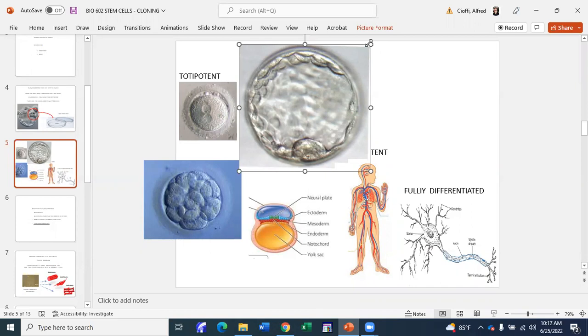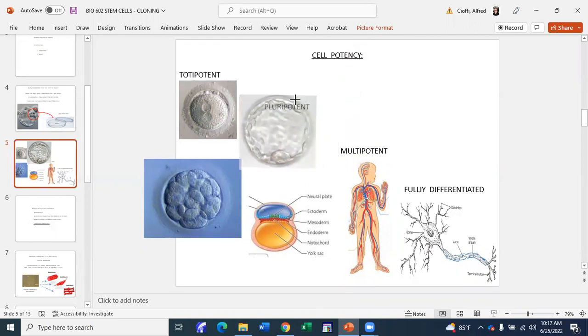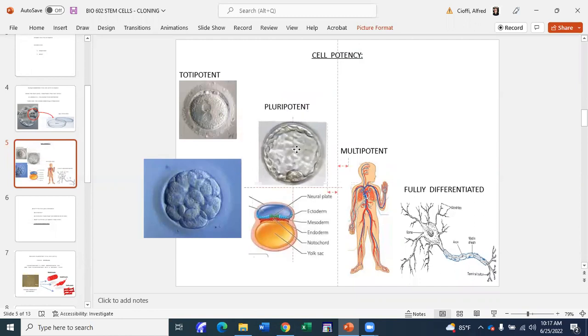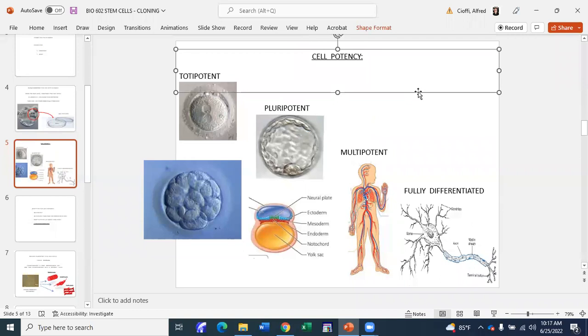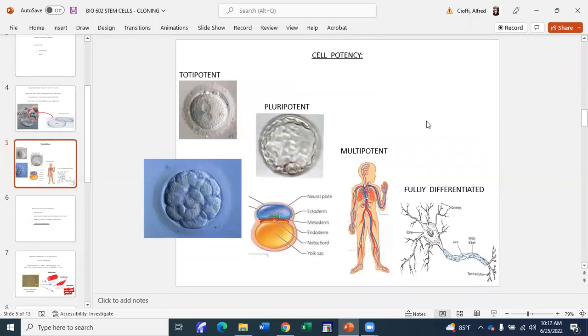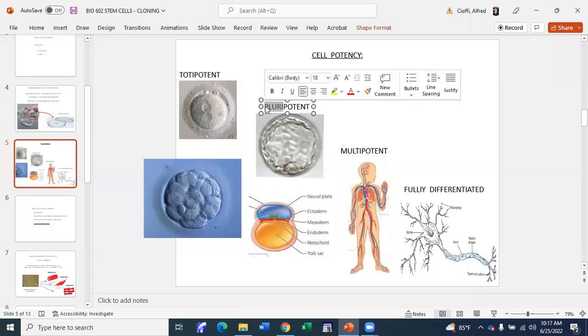All right, so there is restrictive teleology, a goal or end here. And therefore it's now pluri, but not totipotent.